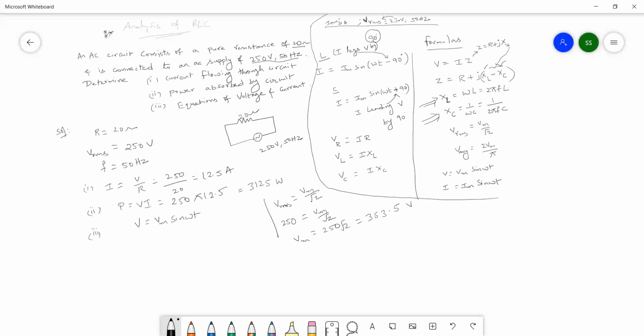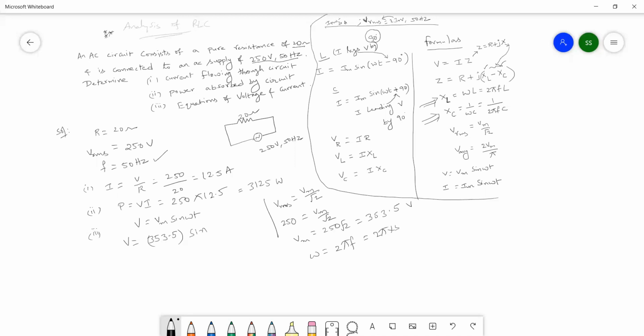volts. Now just substitute here. Later we will go for the current equation. Vm value is 353.5 sine of omega t. Again, omega we don't know. Omega formula: omega equals 2 pi f. The given frequency value is 50 hertz.